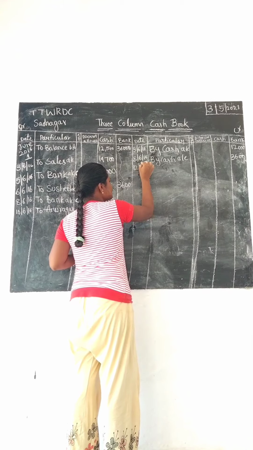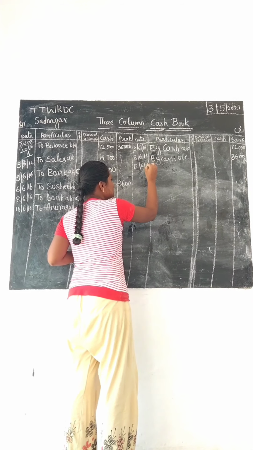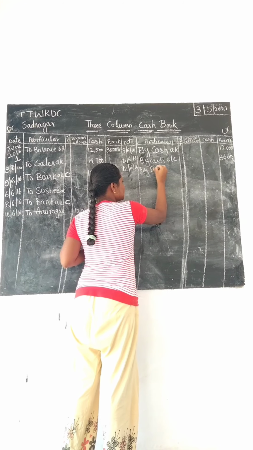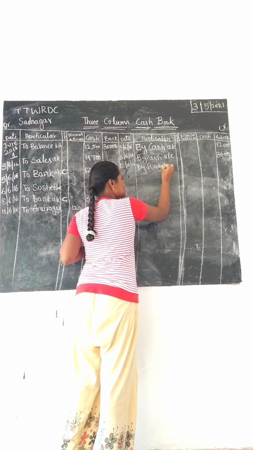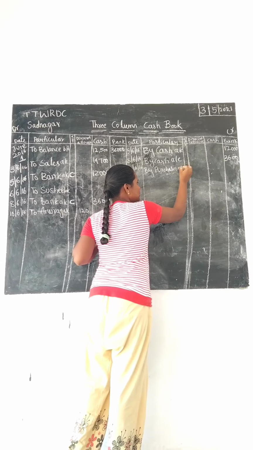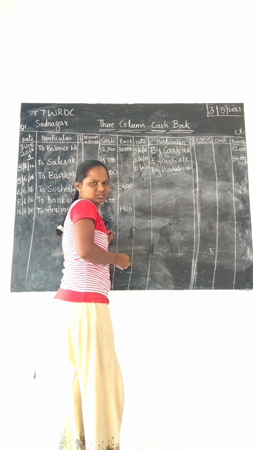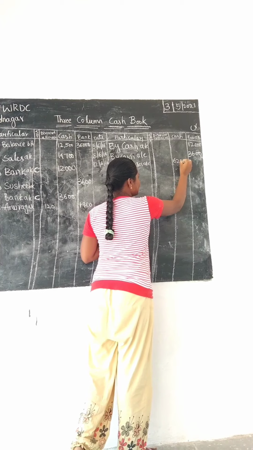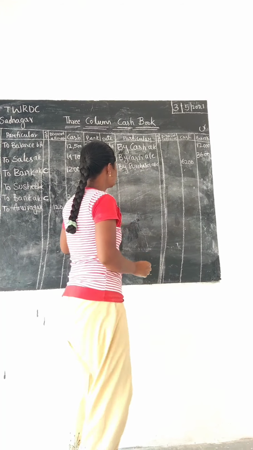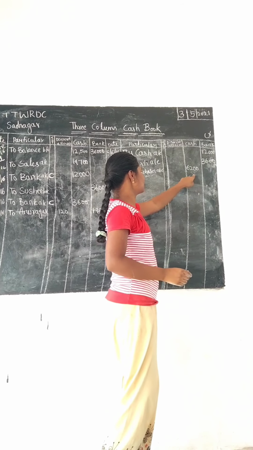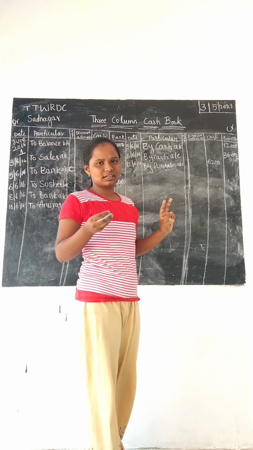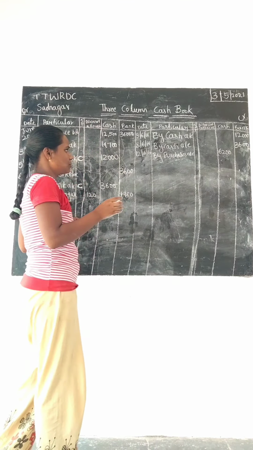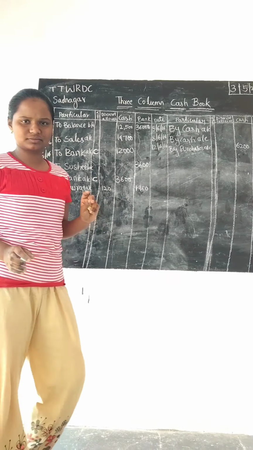Date 12, 6, 16, by purchases account. The amount is 6,200. We are taking this column because we are only giving the cash, so we write the amount in the cash column.